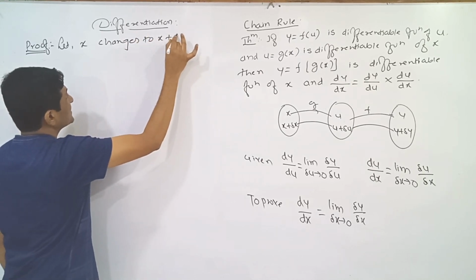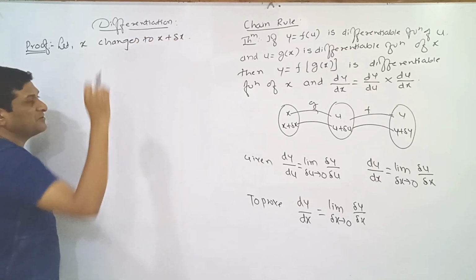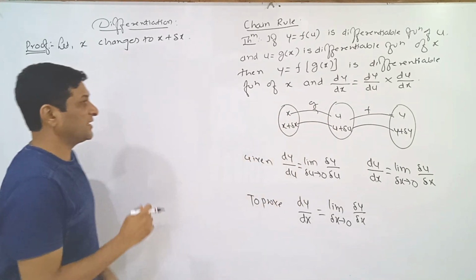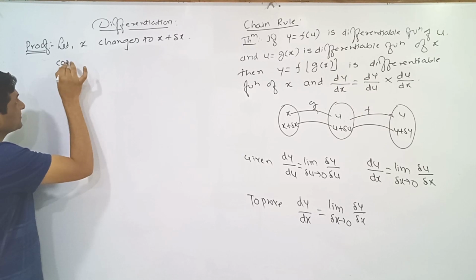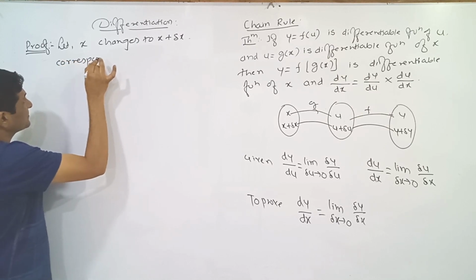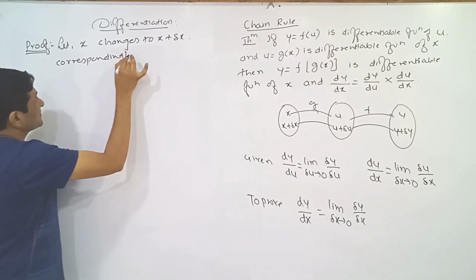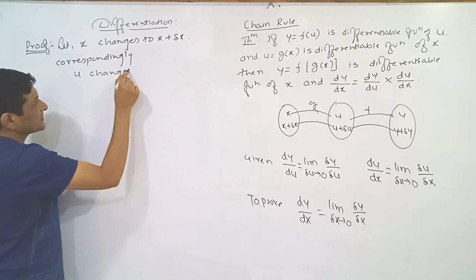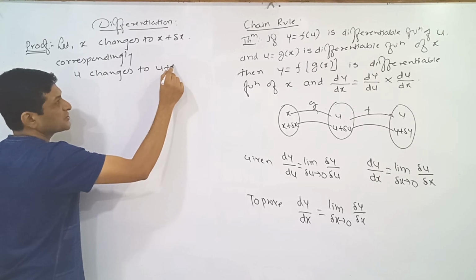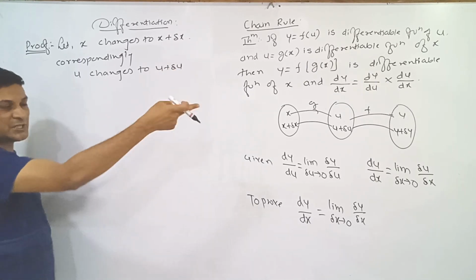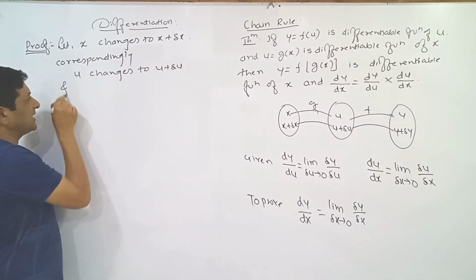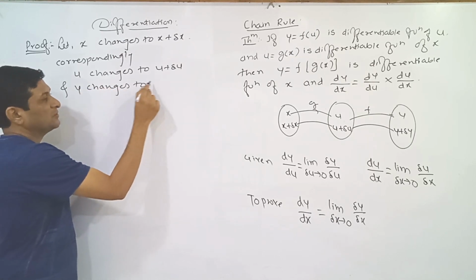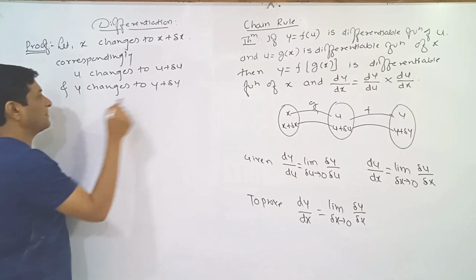If the value of x changes, then u also changes. Correspondingly, u changes to u plus delta u, and if u changes, y also changes, and y changes to y plus delta y.